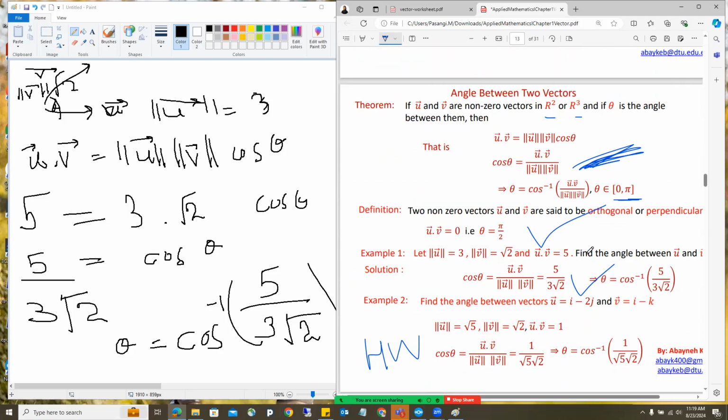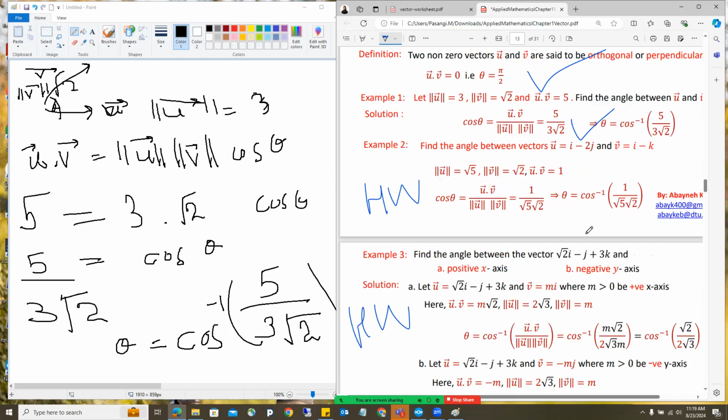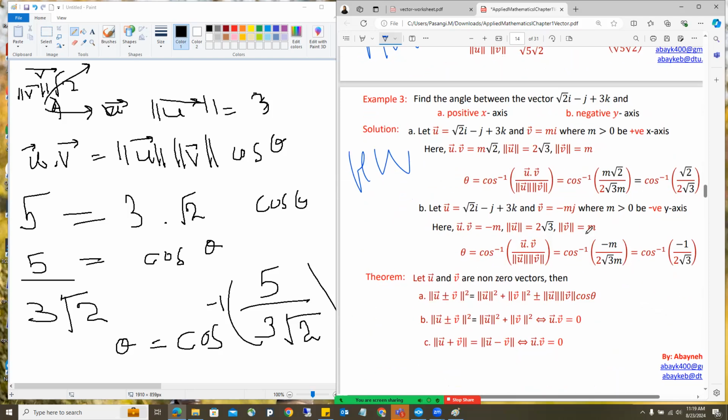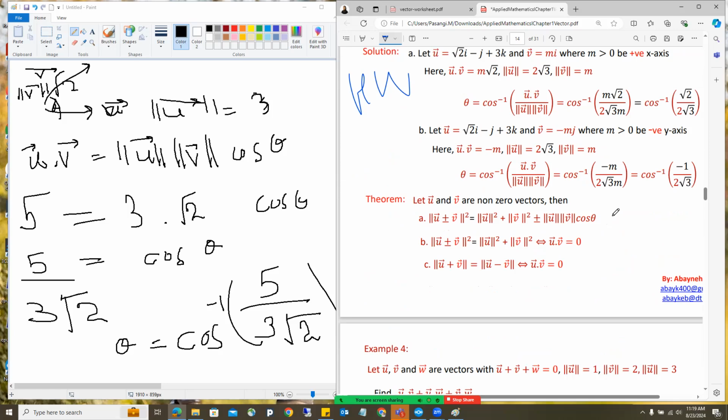Here also we have the same thing, but in a different way. 2 times u dot v means u into v into cos theta.